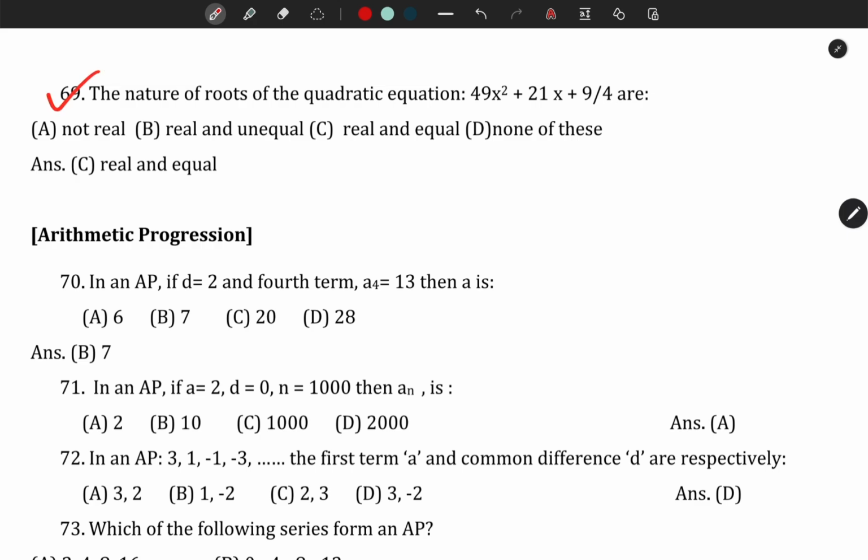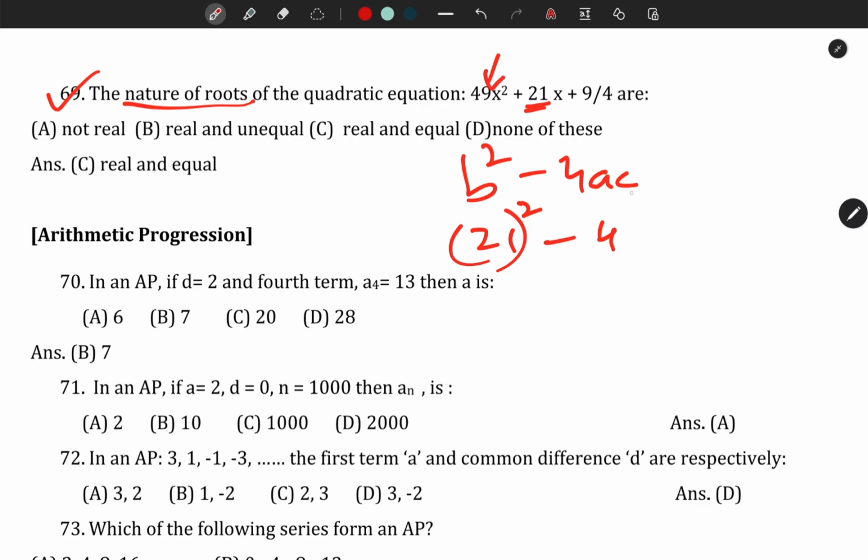Question number 69. The nature of the quadratic equation. To find the nature of roots, we have to find the discriminant first, b square minus 4ac. Now b square here, in this case b is 21, minus 4a. A is 49. And c is 9 by 4.